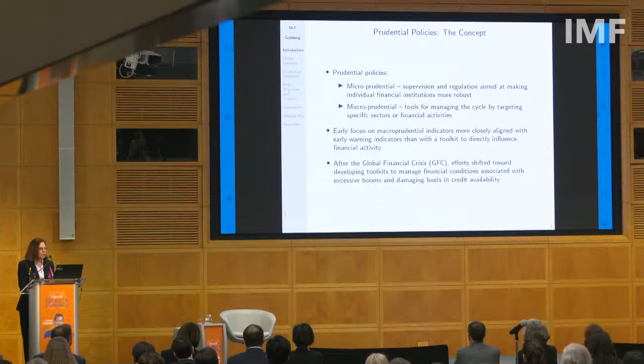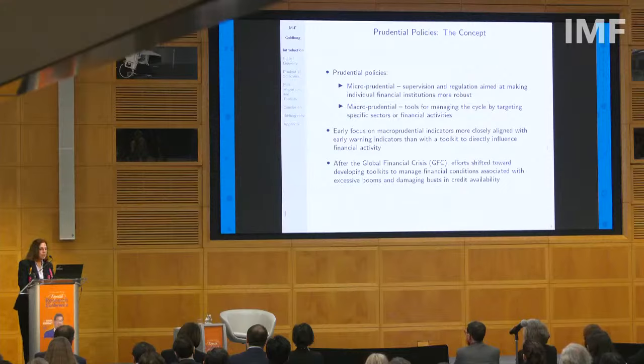Macroprudential work is about managing the cycle through tools that can target specific sectors or financial activities. The so-called macroprudential focus certainly appeared on some radars early in the 2000s.